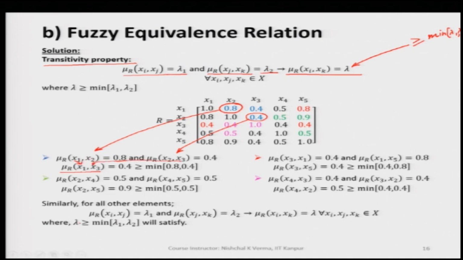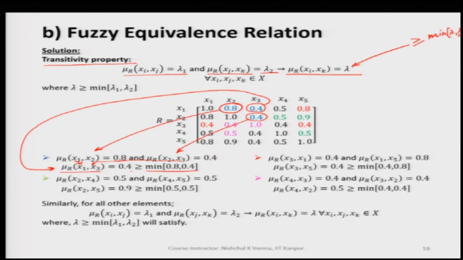So, this mu r x 1 x 3, if we check, we are finding this is 0.4, and this 0.4 is when we take min of the previous values, the 0.4, 0.8 here.